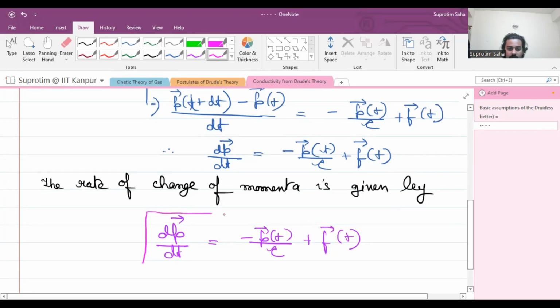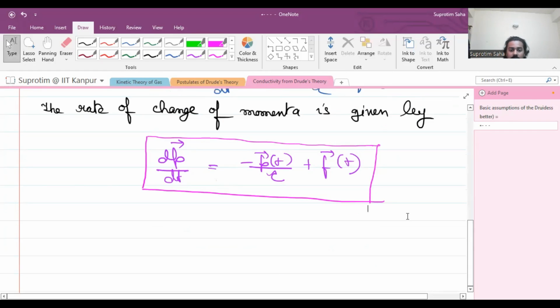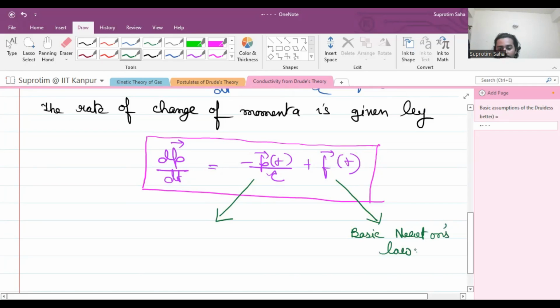This is what we have been looking for. If you look into the terms, this term is just because of basic Newton's law, which we are all familiar with: the rate of change of momentum is equal to the force applied.